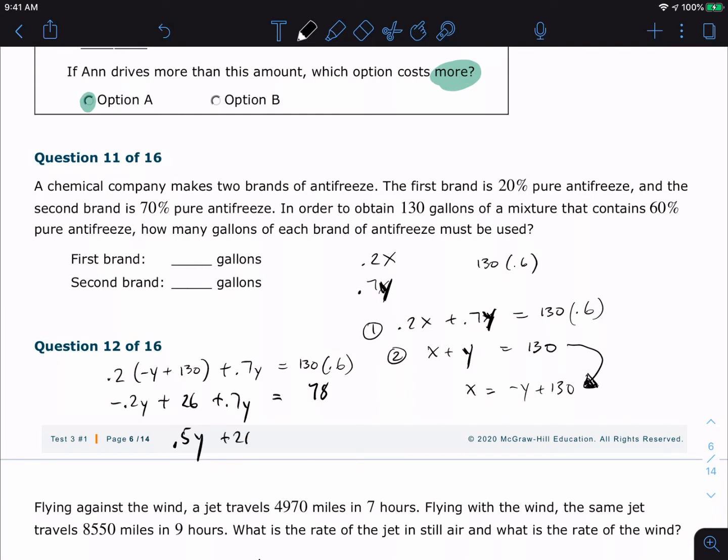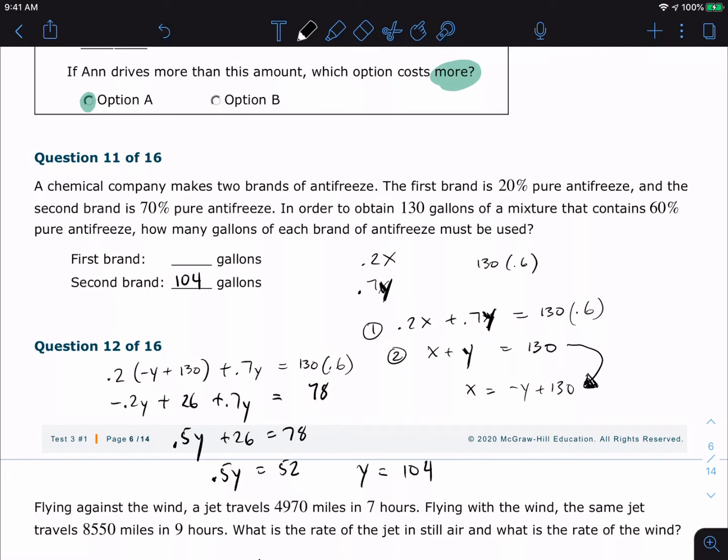Plus 26 is equal to 78. So subtracting 26 from 78, I'm going to get 52. So 0.5y is equal to 52. And so y is going to be 52 divided by 0.5, which is going to give me 104.